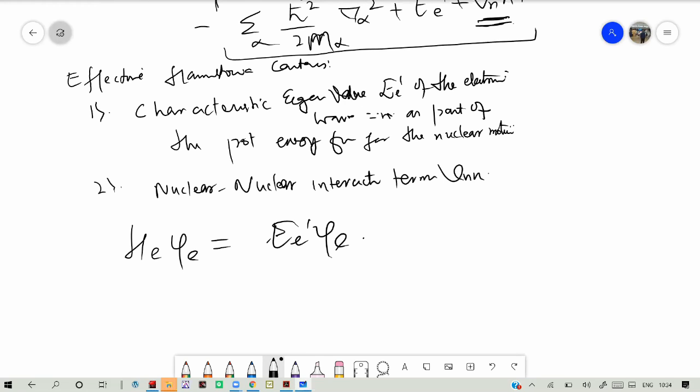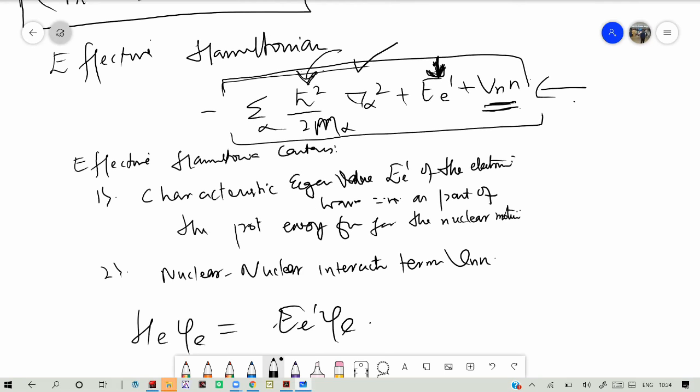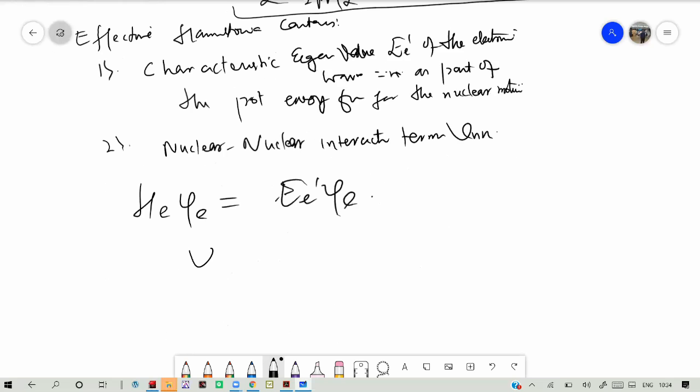So once we obtain the E dash, then we can solve the nuclear wave equation, as I said, by putting it in here. This gives an expression, then we have psi n and E, total E, for the whole molecule in the given electronic state, in the effective state of all the electrons.